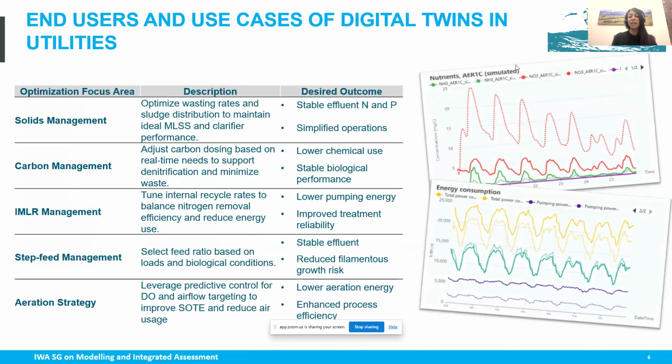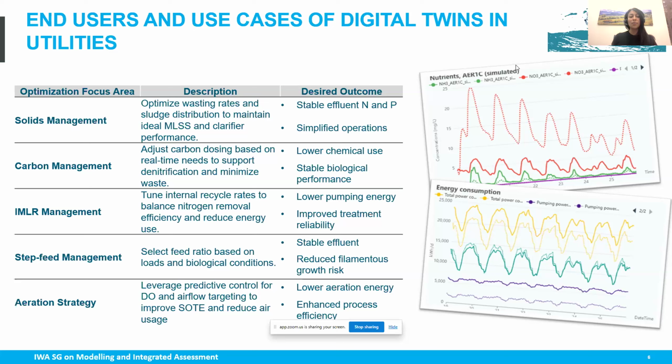So some of the initial optimization focus areas that we targeted as part of our digital twin was the solids management. So trying to reach ideal MLSS and clarifier performance so that we have a stable effluent nitrogen and phosphorus and simplify operations. As I mentioned before, we also have different locations for dosing carbon in our secondary process.